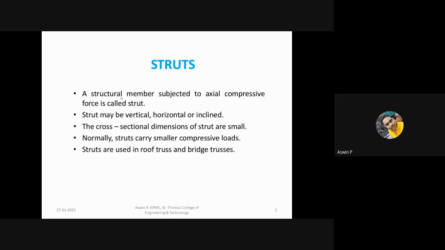Comparing with the length of the strut, the cross-sectional dimensions of a strut are small.